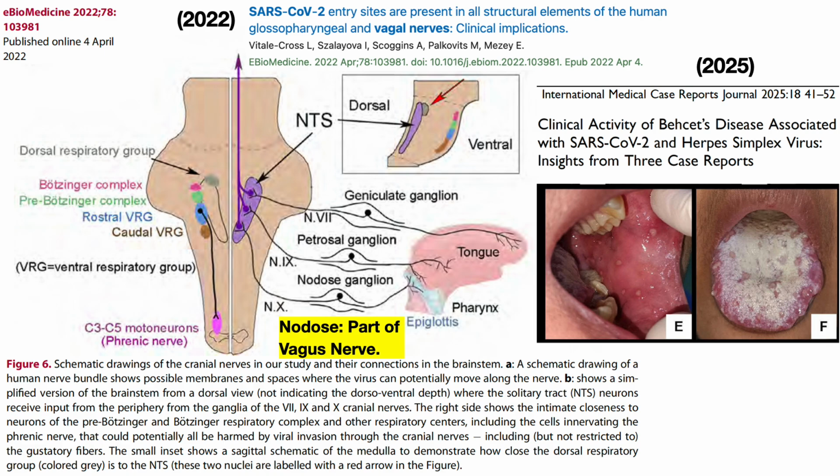The 7th, the 9th, the 10th, and each of these nerves has a bundle of cell bodies, and these are known as ganglia. The geniculate ganglion, the petrosal ganglion, the nodose ganglion, and that's part of the vagus nerve.